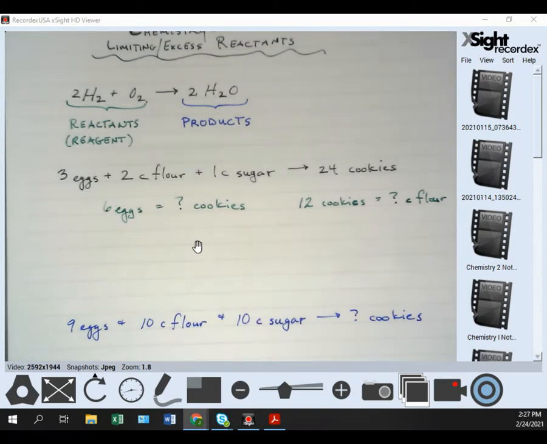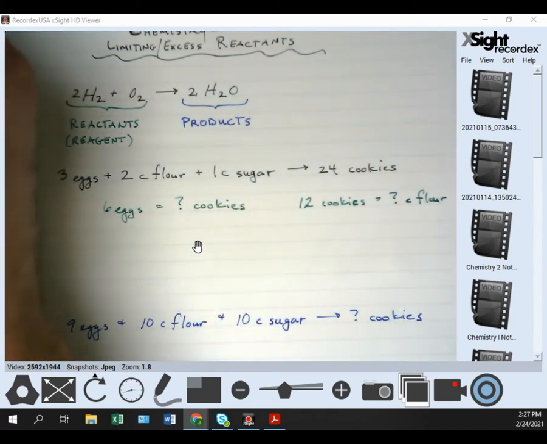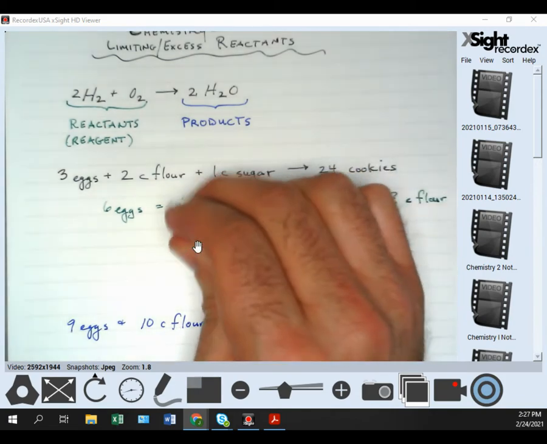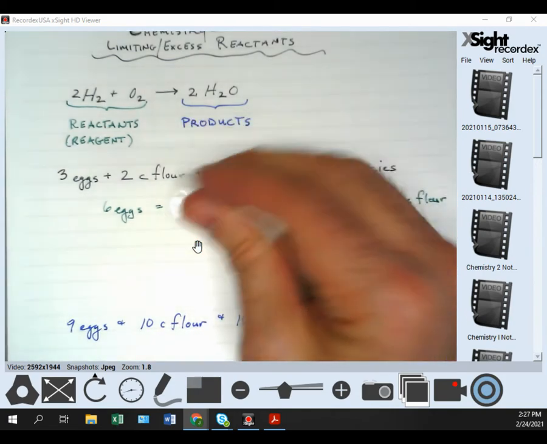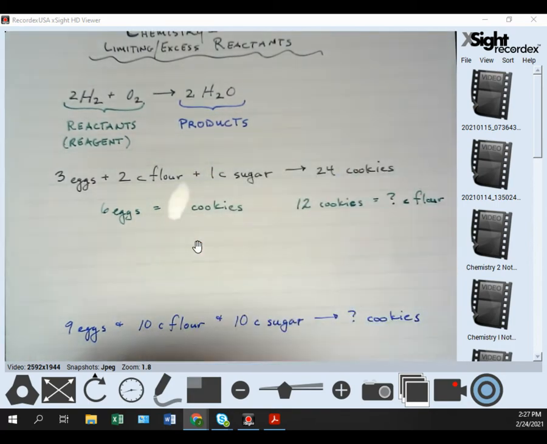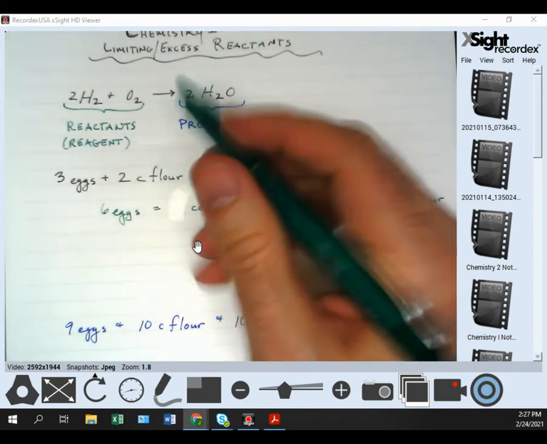What he's saying is that with 6 eggs, you can run the recipe twice. So if we do the recipe twice, you would get the product twice, or we would double it. So 6 eggs would give us 48 cookies.